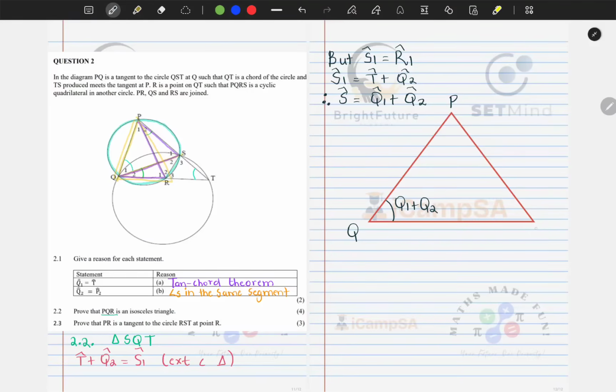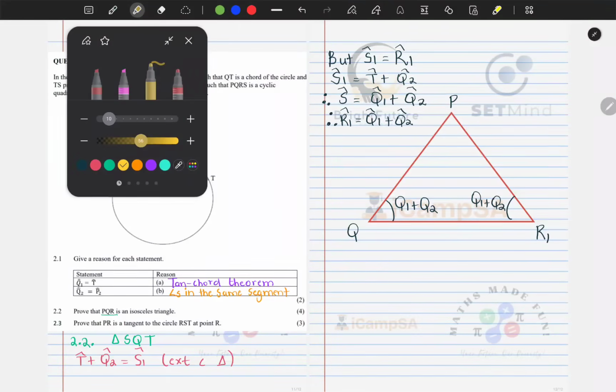We have found that S equals R1, and R1 is the same as Q1 plus Q2.